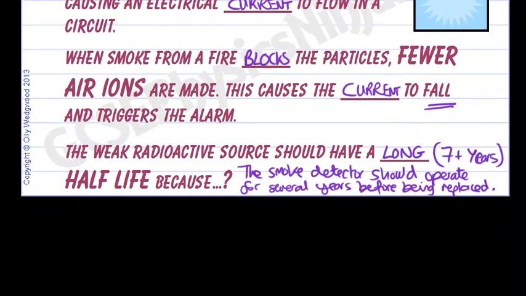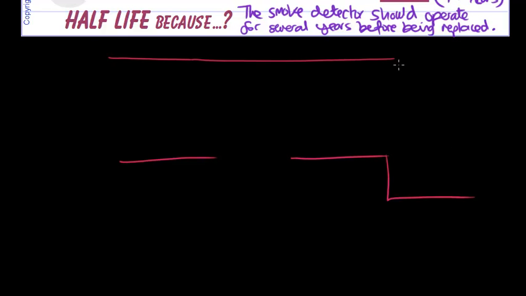So a quick look at what's going on so you can get an idea. We have what's called an ionization chamber, and there are some electronics here, and usually we have a cell or a battery, and we'll have some kind of current measuring device.